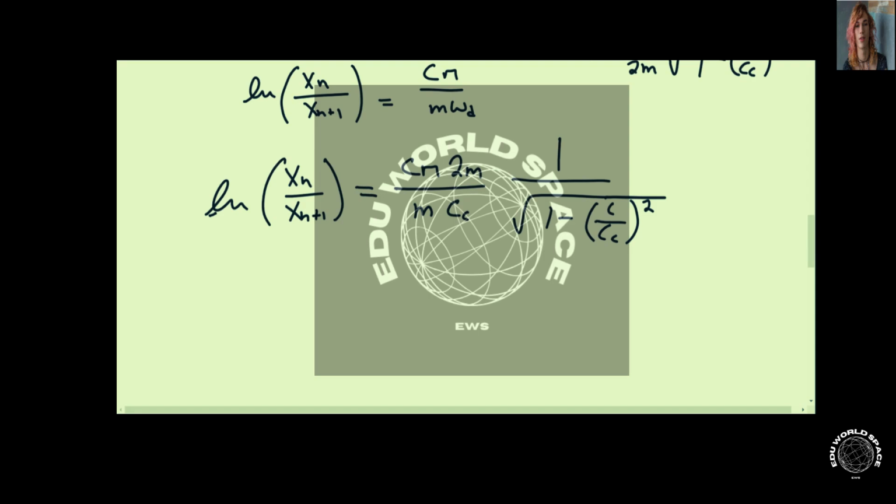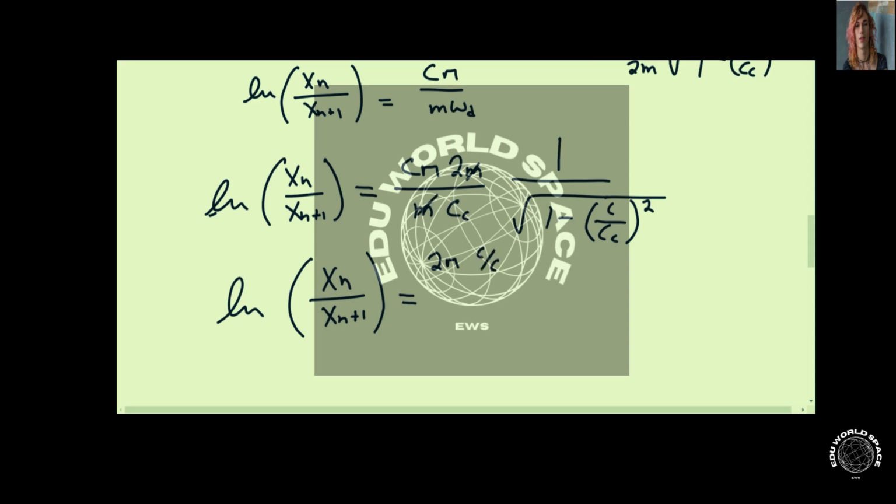And now we can simplify this further. Because of this, we have 2 pi up top. Remember, let's cross this out.